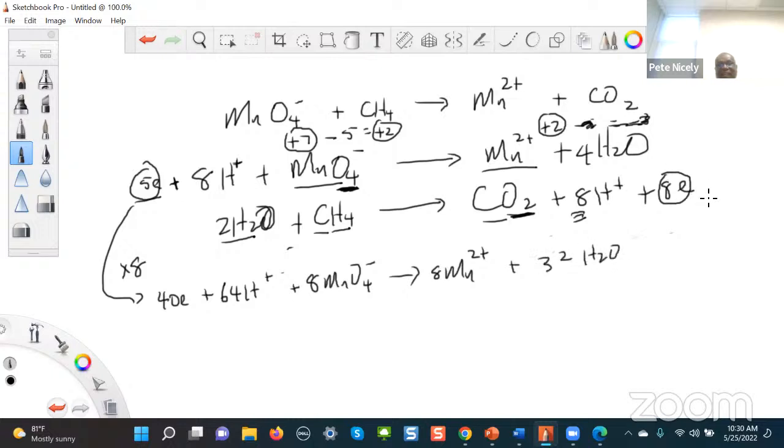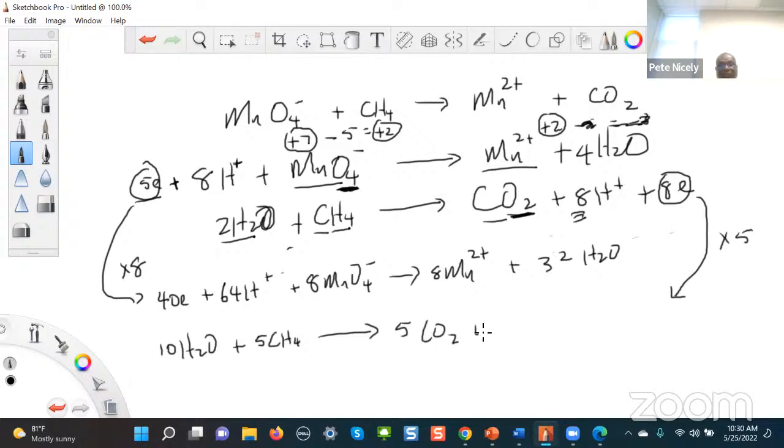All right. And then you multiply this one by what? 5 times 5. Okay. Times 5. So that becomes 10 water molecules plus 5 CH4 to give 5 CO2 plus 5 times 8, 40 H plus.